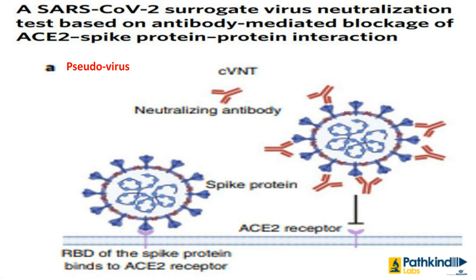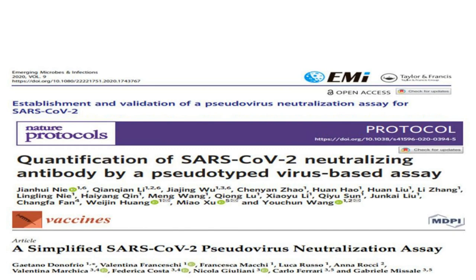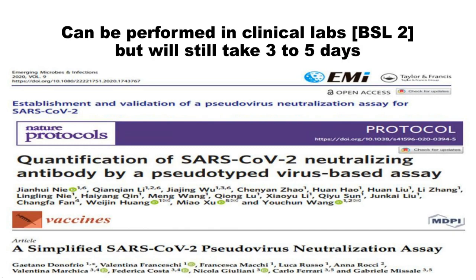The gene coding for the spike protein was inserted into a harmless virus, and a pseudovirus was created which would provide the same information. This was created initially and reported in China, subsequently in Italy, and this enabled labs with BSL-2 facility to perform the test. But it still took 3 to 5 days.